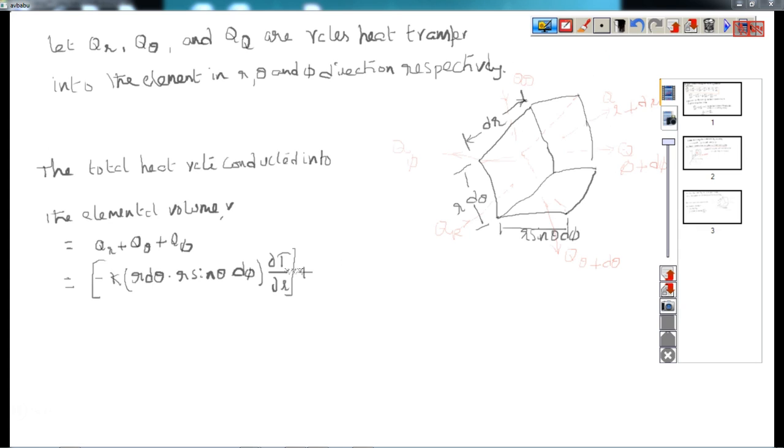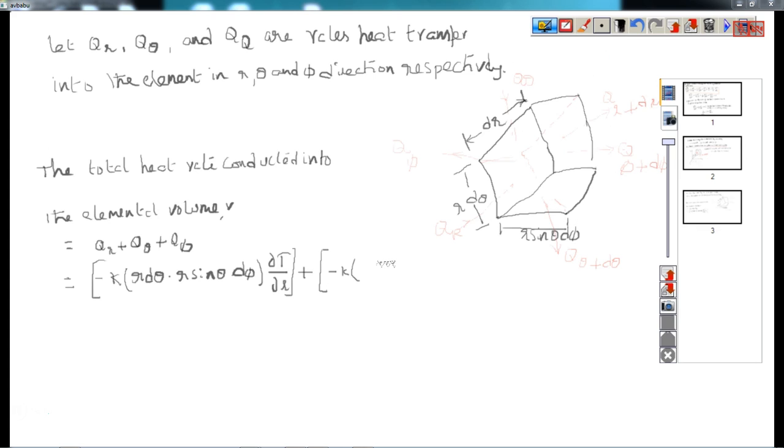Minus k into the normal area, normal to the direction of Q theta. The area normal to the direction of Q theta is this, dr, and again this one, r sin theta d phi.